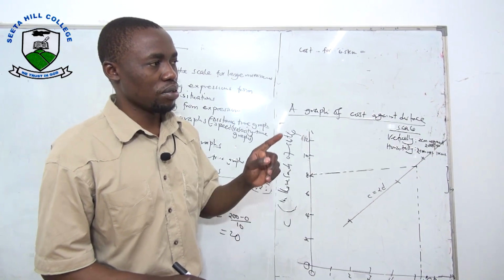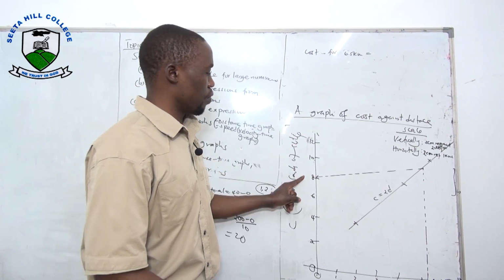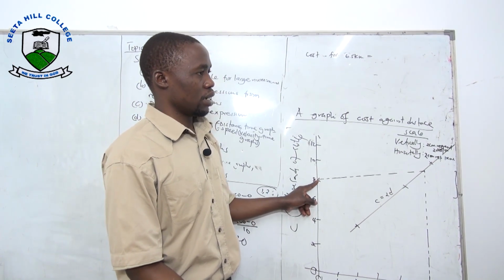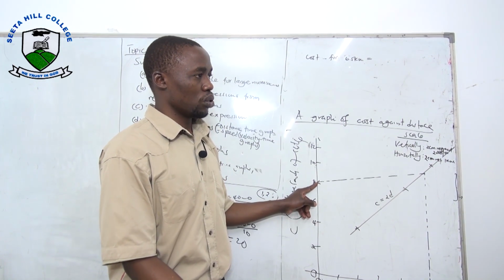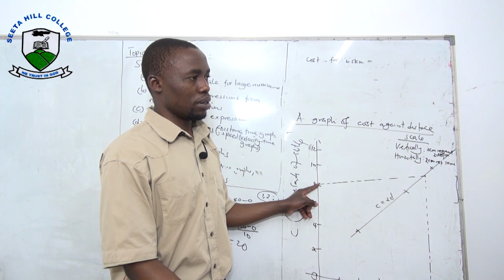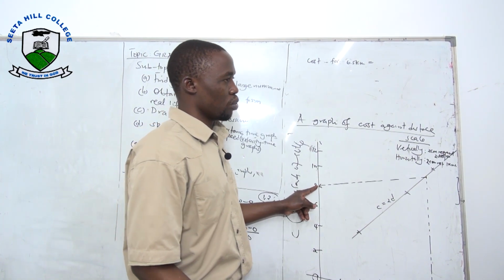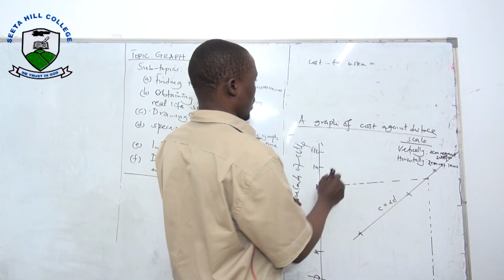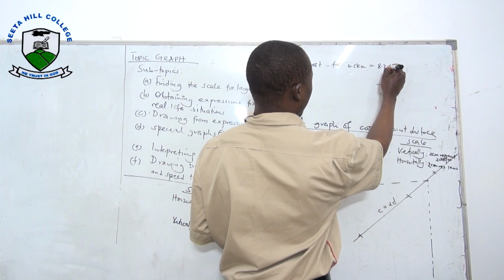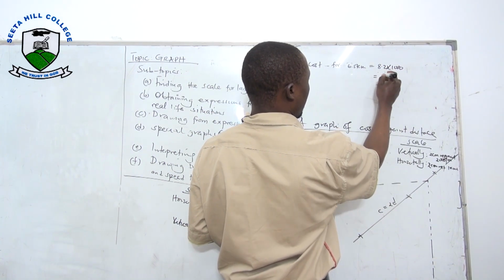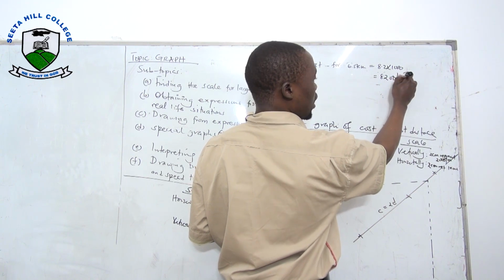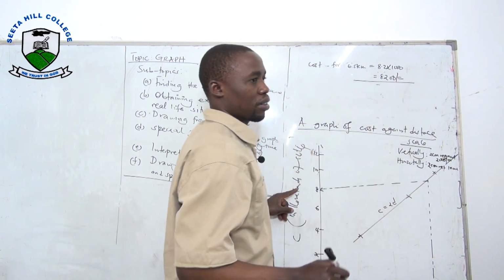If you have 8.2, it will be 8.2 times 1,000. Therefore, you will get 8,200 shillings.